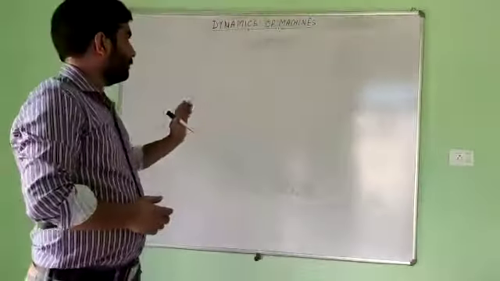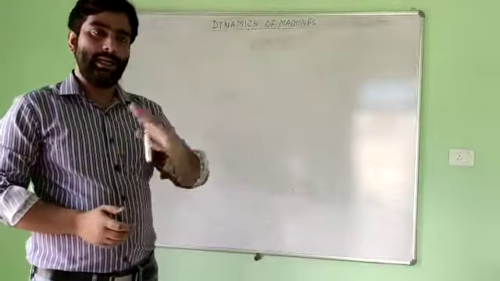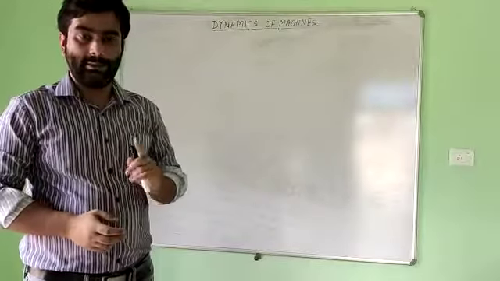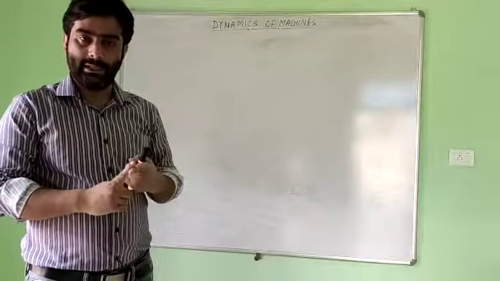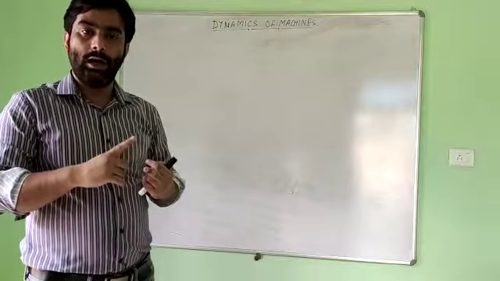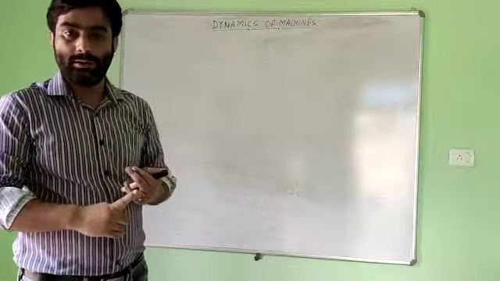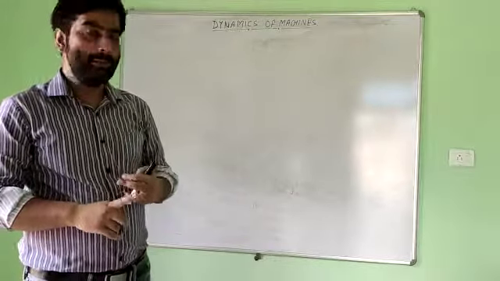We have taken 3 conditions by which an element can be in static equilibrium: the element subjected to 2 forces, the element subjected to 3 forces, and the element subjected to 2 forces and a torque.